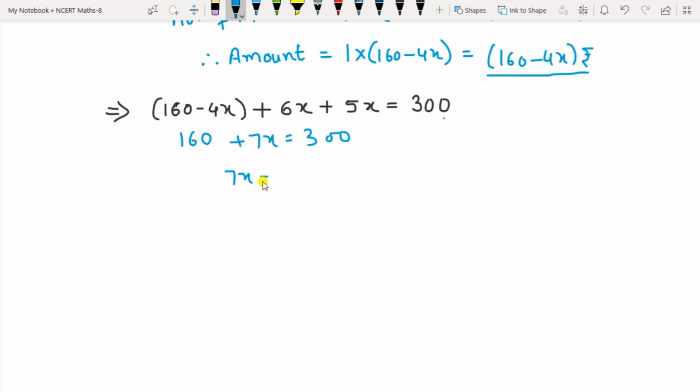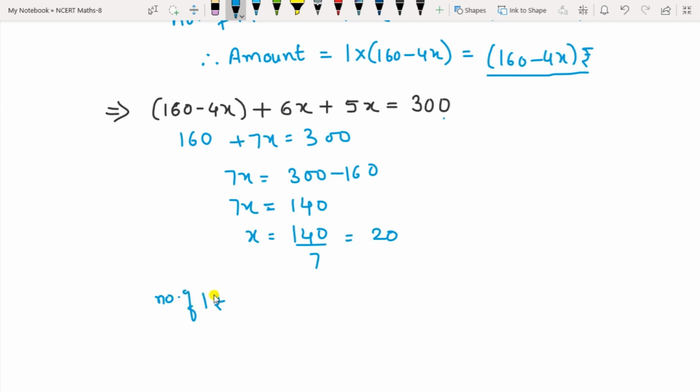So let us see. 160 minus 4x plus 6x is plus 2x, plus 5x is plus 7x, equal to 300. So 7x is equal to 300 minus 160, that gives 7x equal to 140. So x equal to 140 by 7, which is 20.